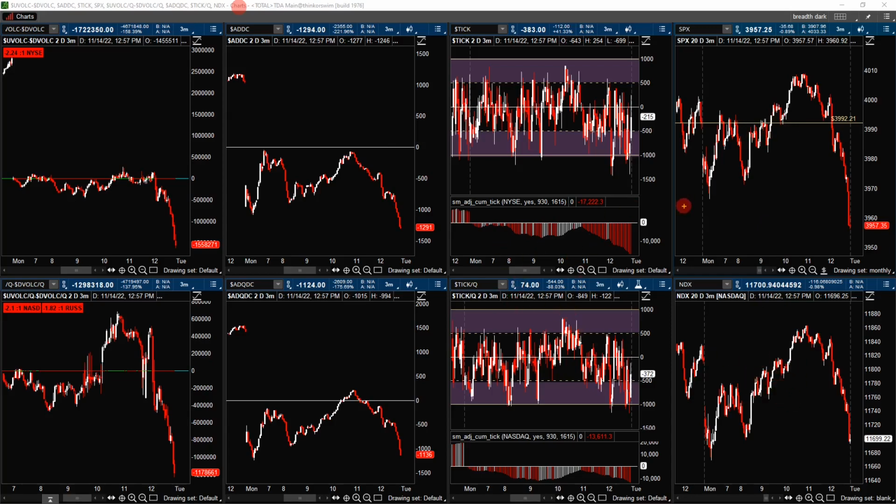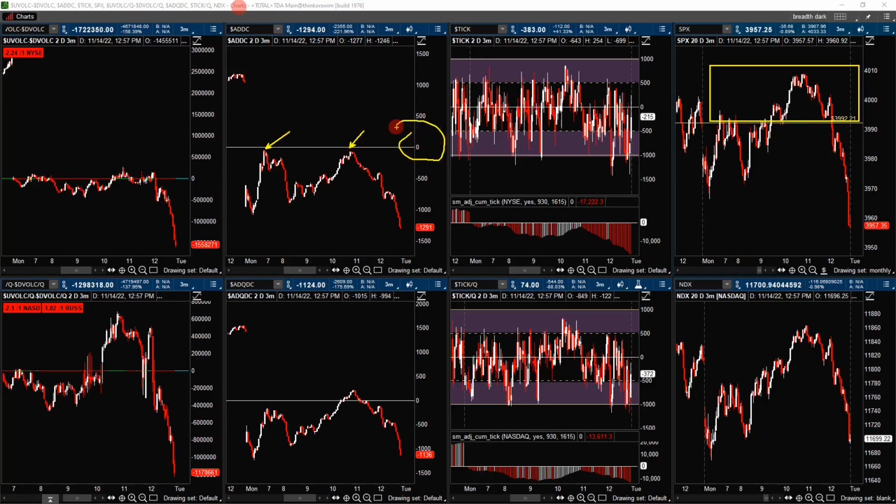So what I want to point out is this area here. Well, let me do this. This entire area above this line is basically where the S&P 500 is in positive territory. And look at the advance-decline. Throughout the entire day, it never got above zero.